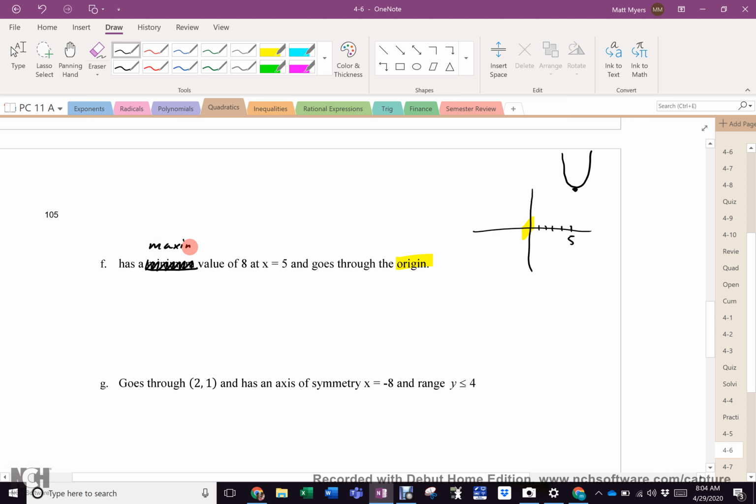maximum, which will make my parabola do this. This is the parabola that I'm working with in reality. So since it goes downwards, I know that a must be a negative value. Other than that, we set it up normally.